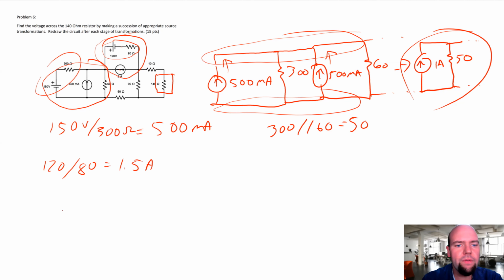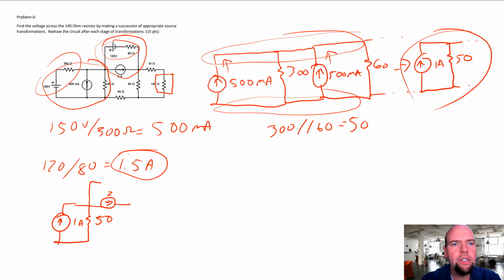So I have, so now this 1.5 amp current supply in parallel with an 80 ohm resistor. I didn't leave myself a lot of space here. And then there was this.